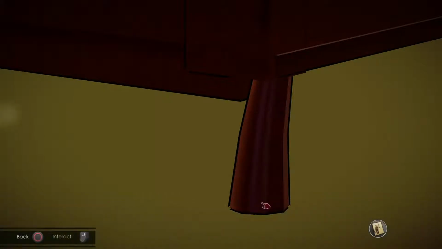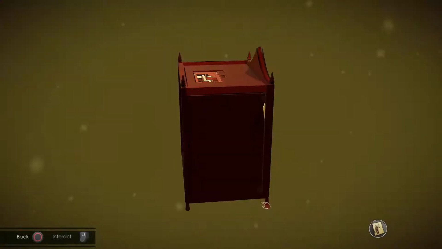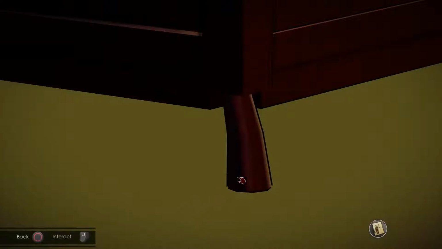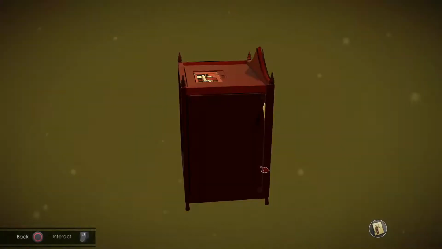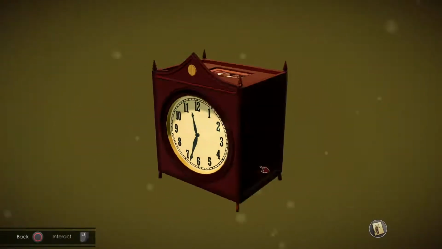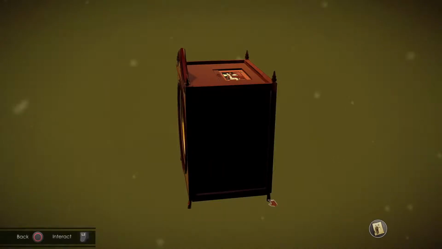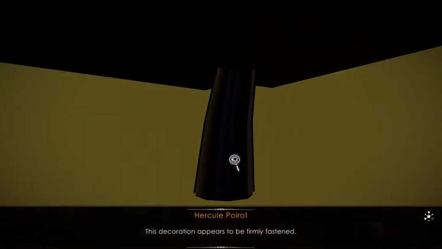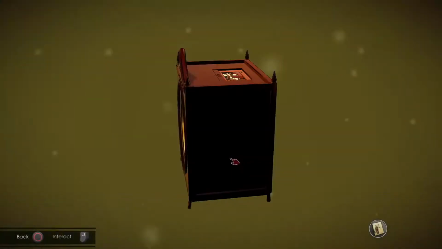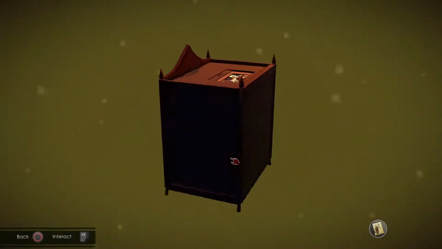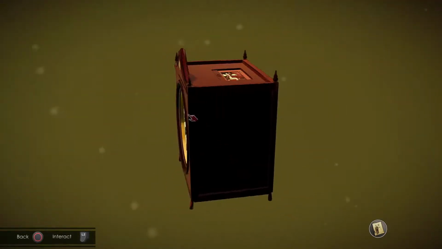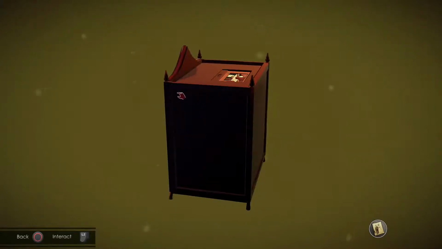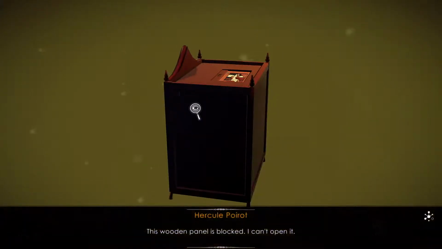Good job. This one should be firmly fastened too, right? Okay. Yep, we got that. This wooden panel is blocked.